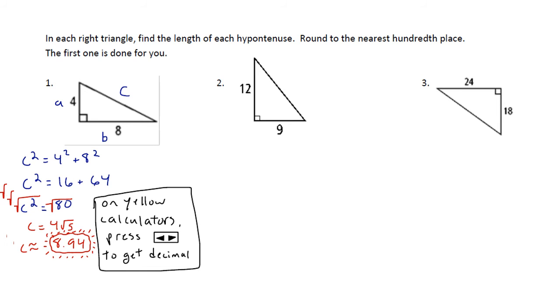Now we're going to do the same thing for 2 and 3. You're going to use the Pythagorean theorem. You're going to square the two legs, add them together, and then take the square root of it. Go ahead and try those now, please.